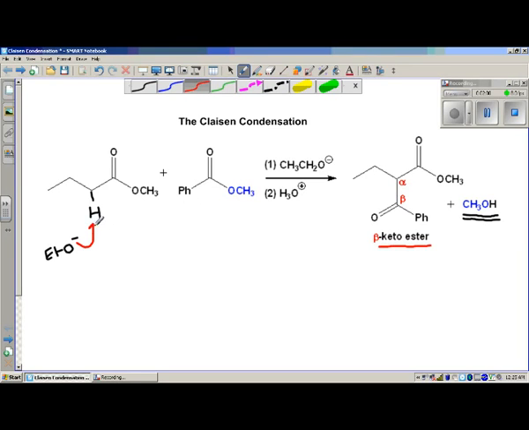It's going to do exactly what a base does in the presence of a carbonyl group like this with alpha hydrogens. These are all equilibrium steps. So here is our enolate. And once again, this is exactly what you guys have seen before. The only difference is the enolate in this case is of an ester rather than an aldehyde or a ketone.